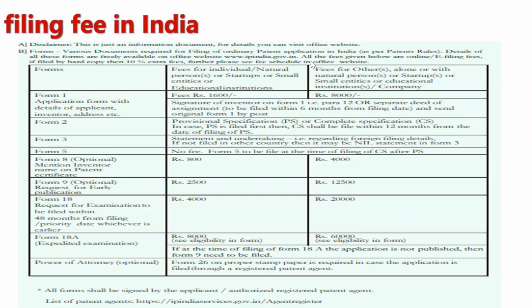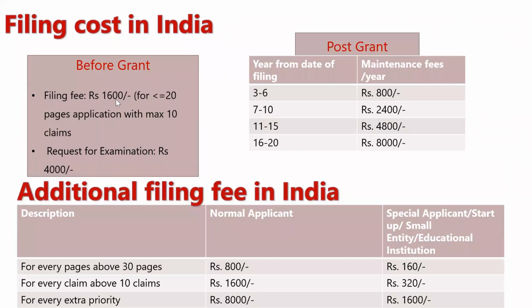But if you go deeper, before grant you have to pay 1600 for filing the application, and 4000 for examination. So 5600 is visible before grant, but once the patent is granted, then you have to pay some maintenance fee.